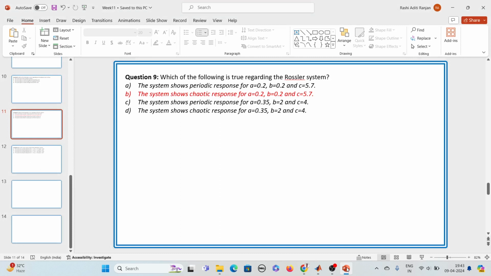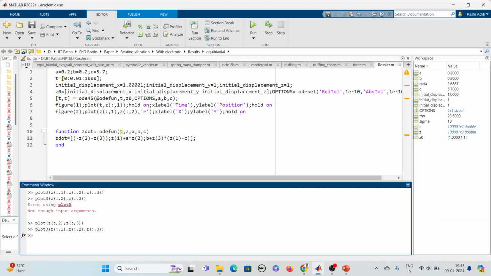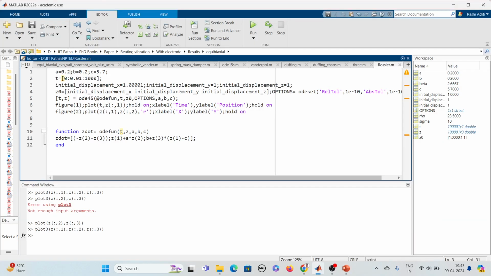Coming to the third option, I have A as 0.35, B as 2, and C as 4.